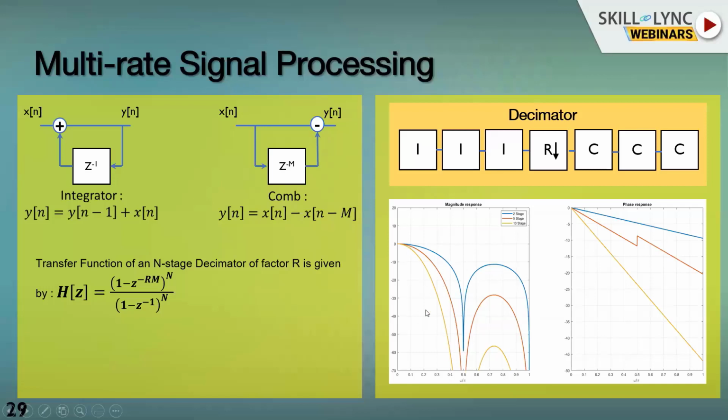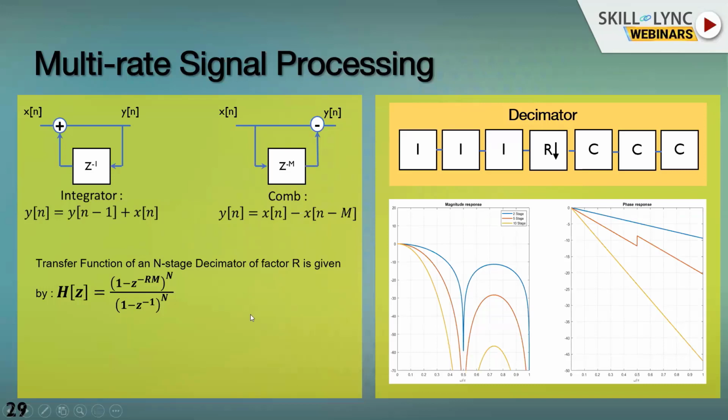So that's where the DSP engineer's job comes into play, and we have to optimize the performance by keeping the pass band response as flat as possible, but the stop band attenuation as high as possible.